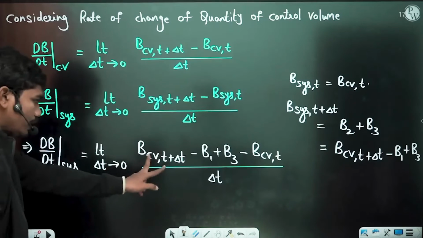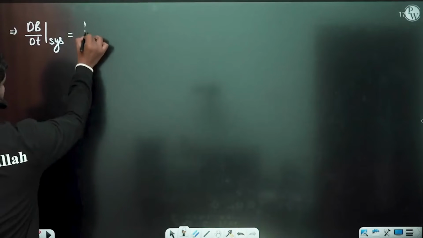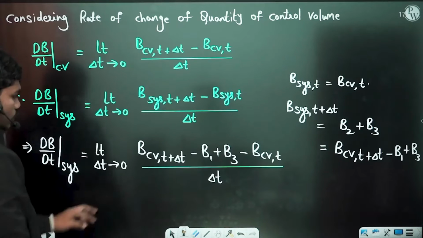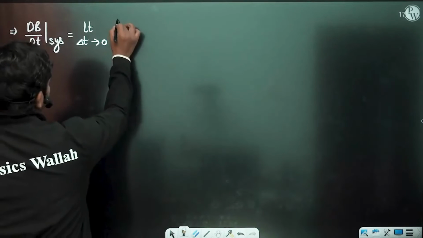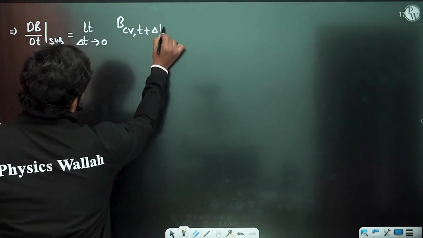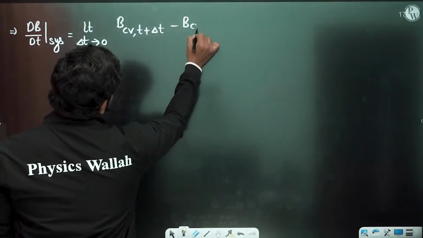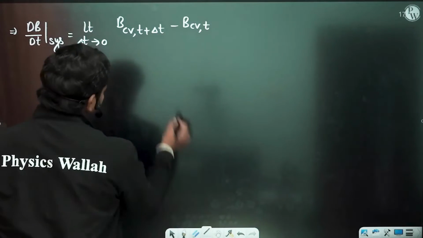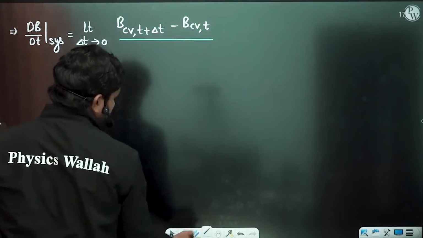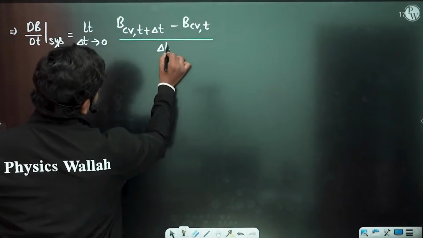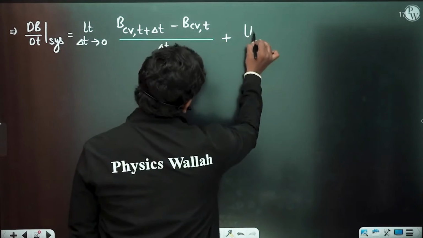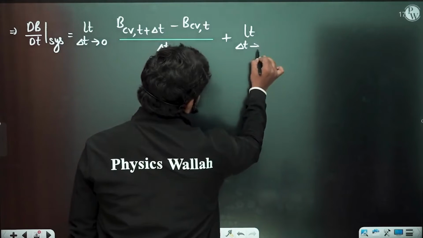So if you split this into two limits, dB by dt of the system is equal to limit delta t tends to 0, B control volume at time t plus delta t minus B control volume at time t, divided by delta t, plus limit delta t tends to 0.